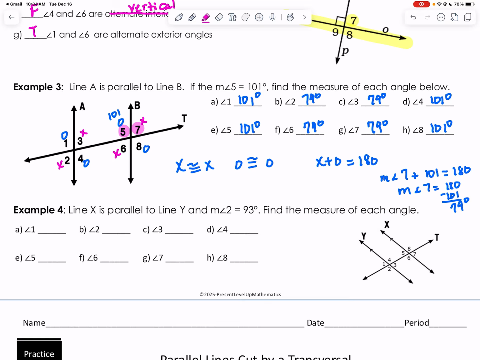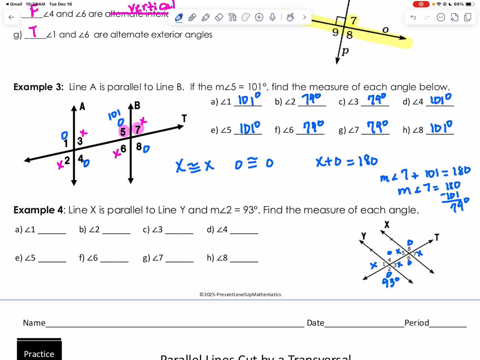So let's label all of our acute angles with an X. All of our acute angles, X, X, X, and X. All the obtuse angles, O, O, O, O. All right, now the other thing we know is the measure of angle 2 is 93 degrees. All right, pause the video and try to get all the measures of the 8 angles below.